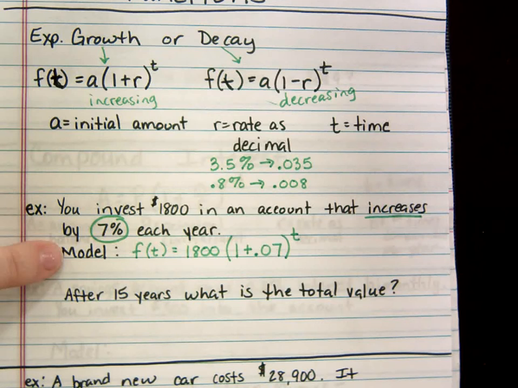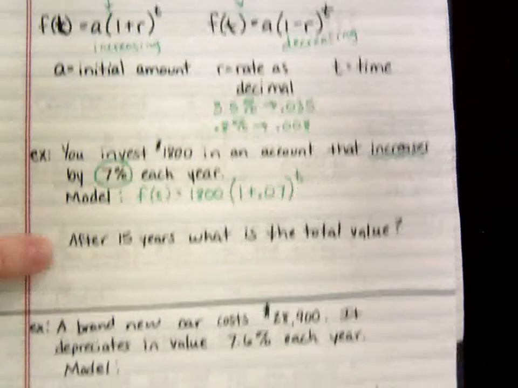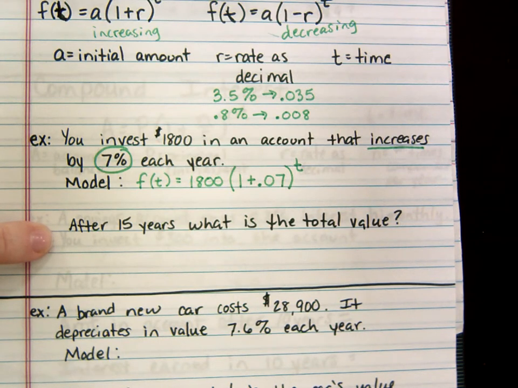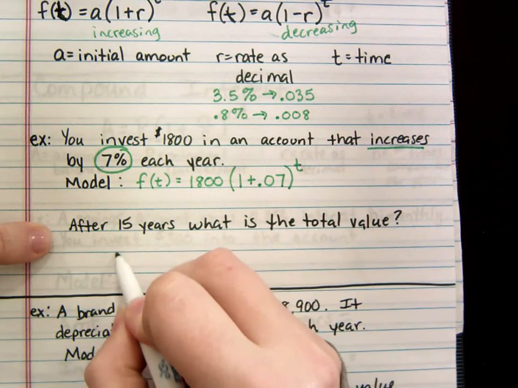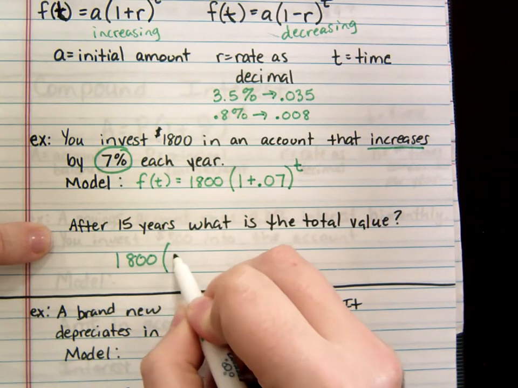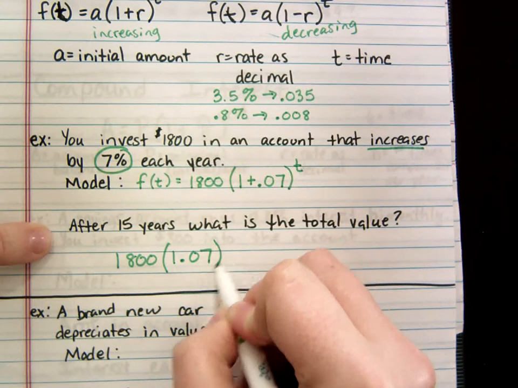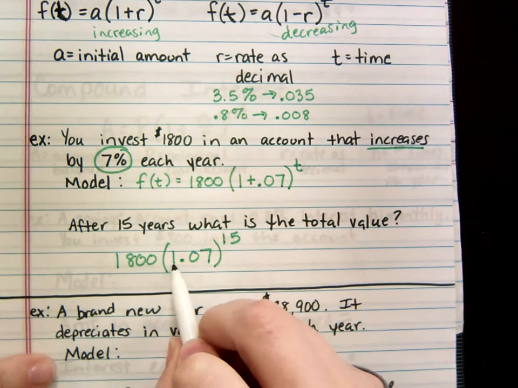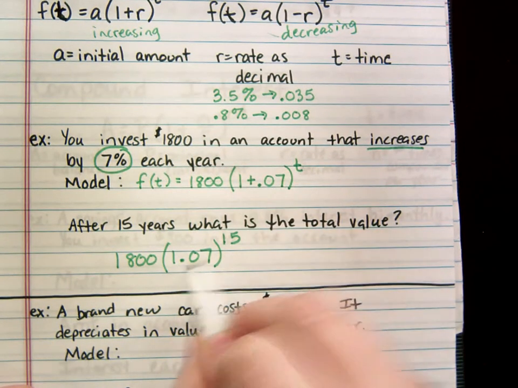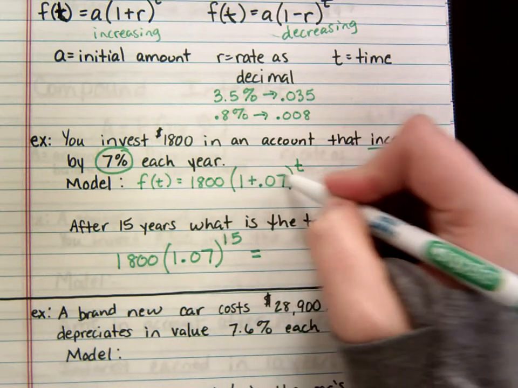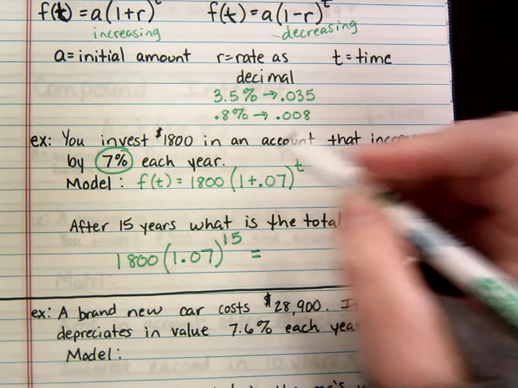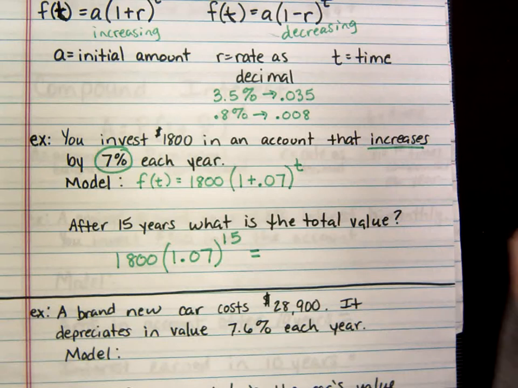And we can use this model to figure out the amount after a certain amount of time. So, for instance, if I wanted to know how much would be in the account after 15 years, I would plug in 15 for T. Now notice here I went ahead and added 1 and 0.07. You can do that. You can even put it here as 1.07, and it'd be correct.